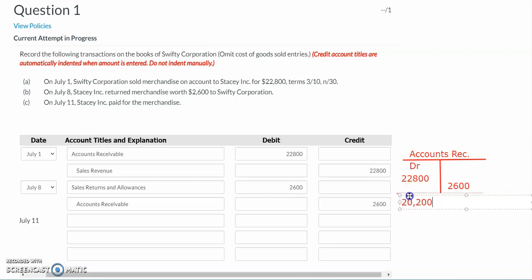And this is important because when we have our customer pay us in full, we want to go ahead and reduce this accounts receivable balance. So we want to record a credit of $20,200. So that way these two dollar amounts balance out to net to a $0 balance.